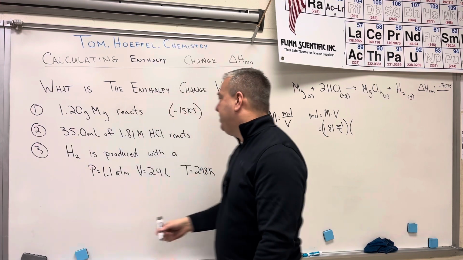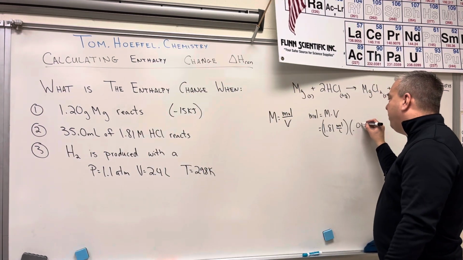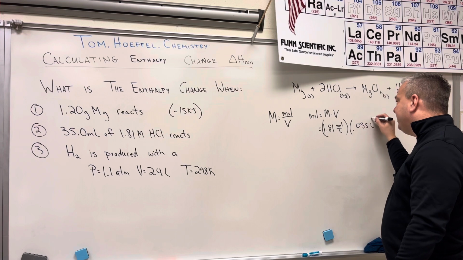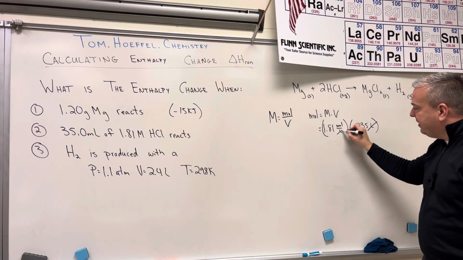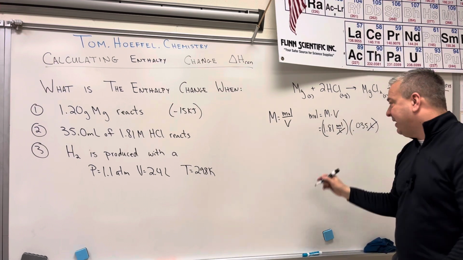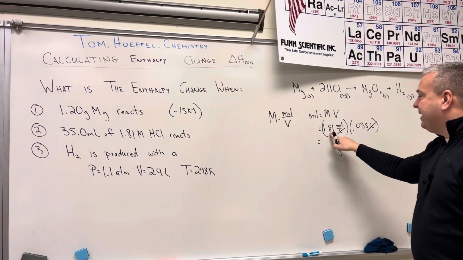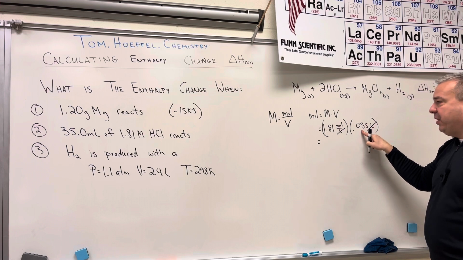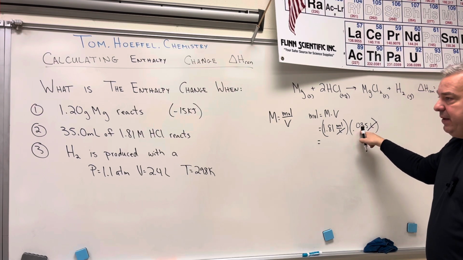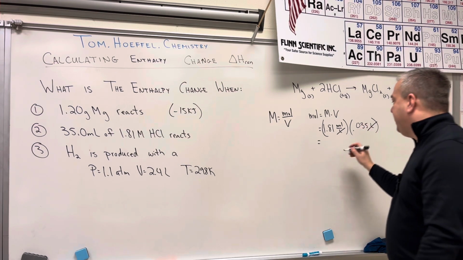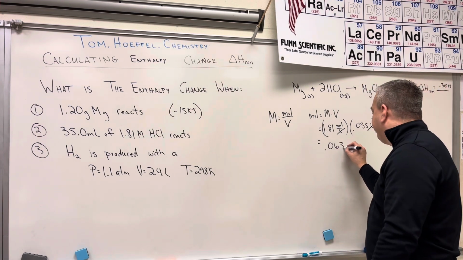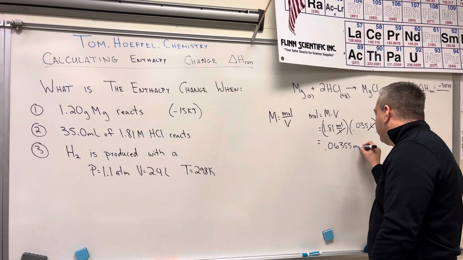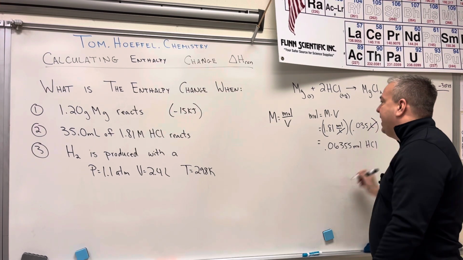So 35 milliliters is equivalent to 0.035 liters. As you can see, I have liters as a numerator and liters as a denominator, so they cancel out, which tells us if I take 1.81 and multiply it by 0.035, that comes out to be 0.06355 moles of hydrochloric acid.